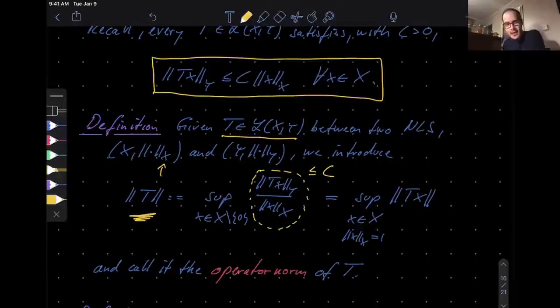Now out of all those c's, we're going to select the smallest one, and that means we are just looking at the supremum. So we optimize this yellow bubble over all non-zero vectors in the vector space, and whatever comes out, we denote by this symbol on the left, and we call it the operator norm. Right now it's not clear that this is actually a norm, but it will be a norm.